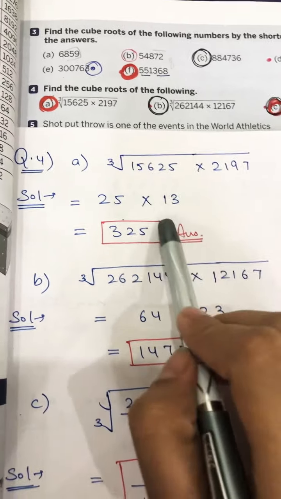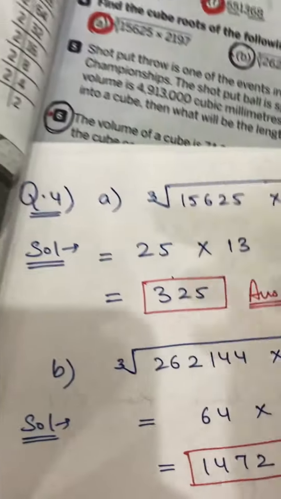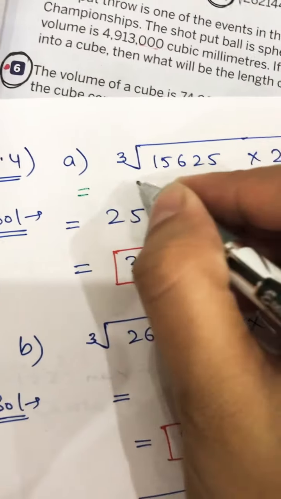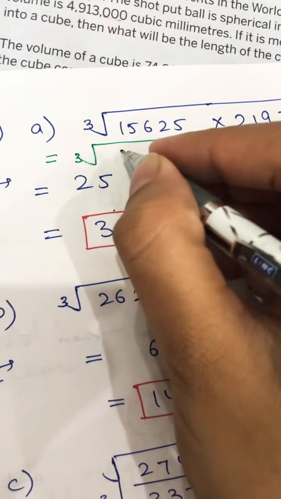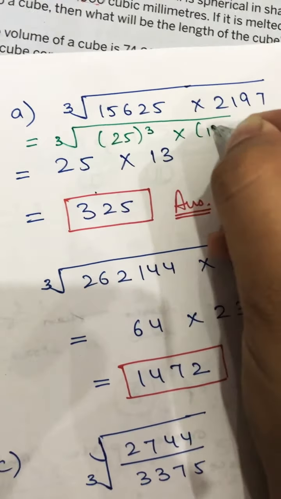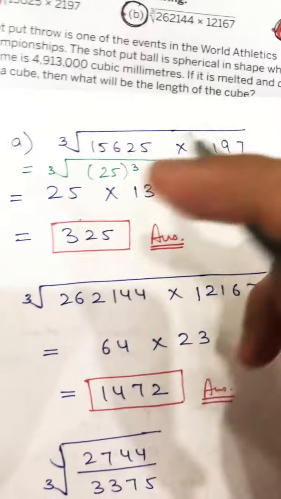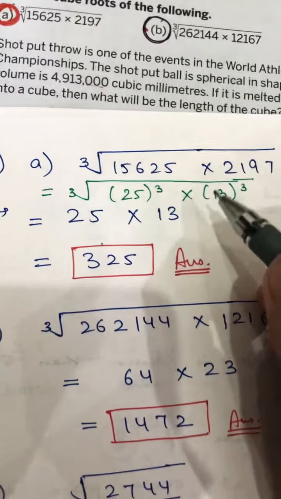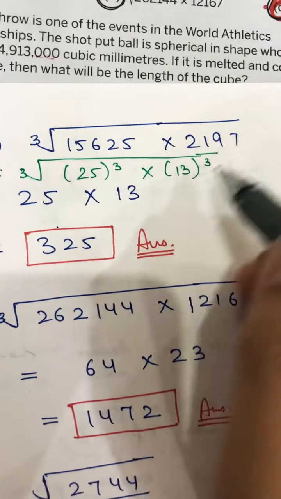When you write, there is one more step which I have explained in the class: you can write 25 cube multiplied by 13 cube. If you want to write this step, you can, or if you want to skip it, you can skip it. The purpose of writing this step is that this is a cube of 25 and this is a cube of 13.